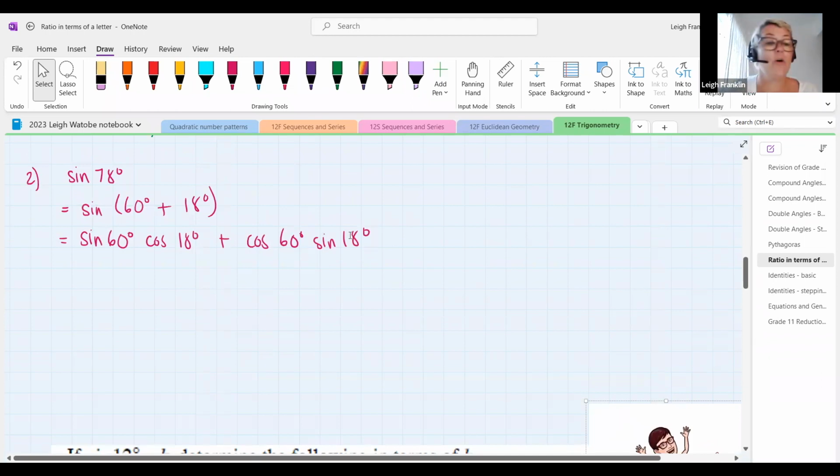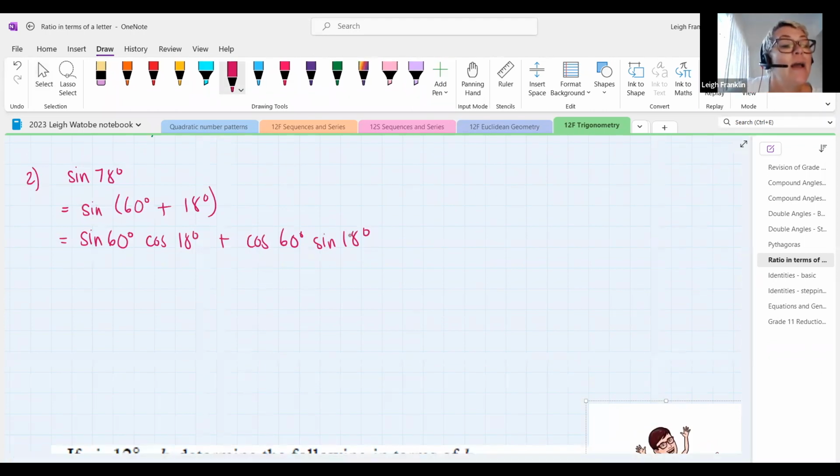And now we can go ahead and sub in our special angles. So the sine of 60 is root 3 over 2. The cos of 18 was equal to t, plus the cos of 60, that is 1 over 2. And the sine of 18 was root 1 minus t squared, like so. And to be honest, Matrix, you actually don't have to simplify it any more than that because they're not like terms.